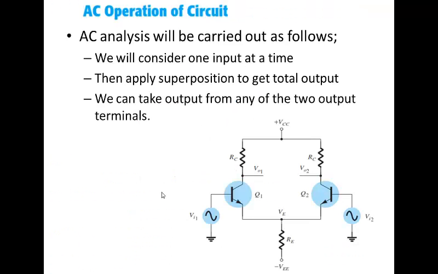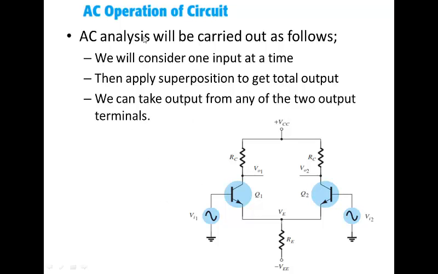So next is AC operation of the differential amplifier. In order to perform the AC analysis, we will consider one input at a time, then apply superposition to get the total output.